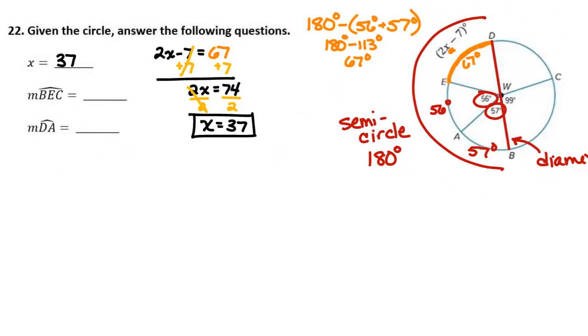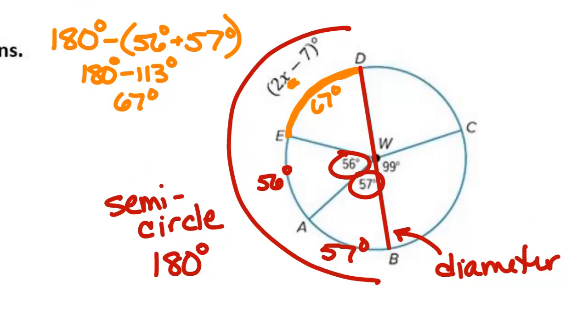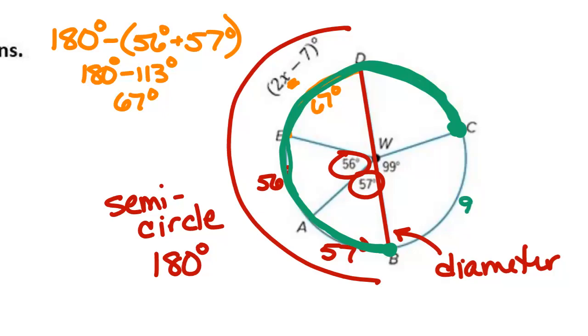Arc BEC. Let me find a good color for this. Here's B. Then we have to move towards E, so I have to go this way, and then all the way around to C. So this arc here is what I need to find the measurement of. That's almost the whole circle, right? We've only left out one little chunk, that's how big? 99 degrees from right here.